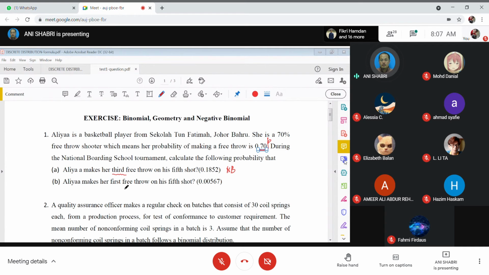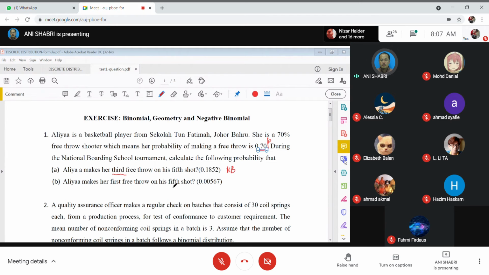Okay, number B. What is the distribution? Binomial. If it is binomial, you must know the value of n. What is the value of n? N is not given for this one.